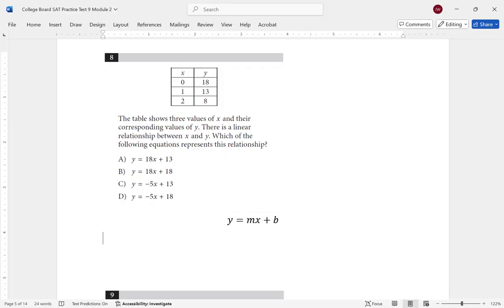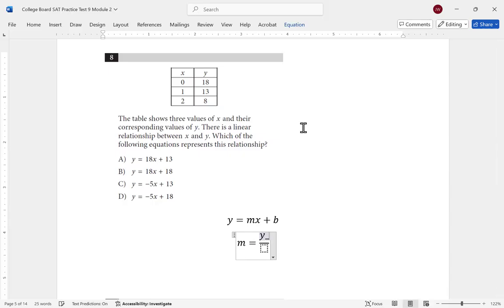That's the slope-intercept form. So what I would do is I would start out finding the slope. We can find the slope by taking change in y divided by change in x. So imagine that (1, 13) is my second point and (0, 18) is my first point.